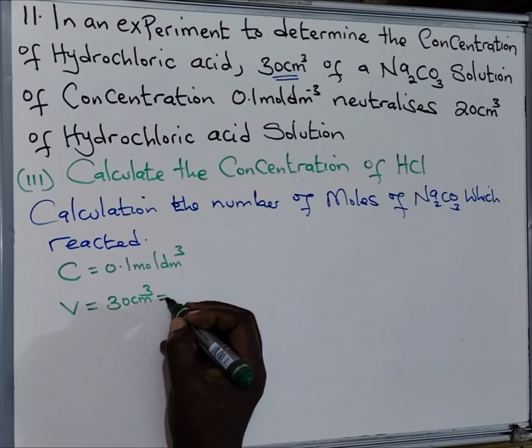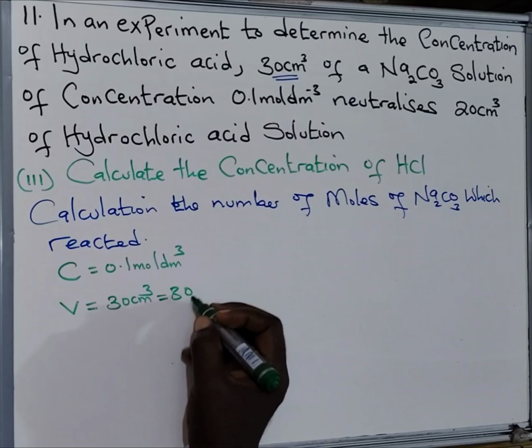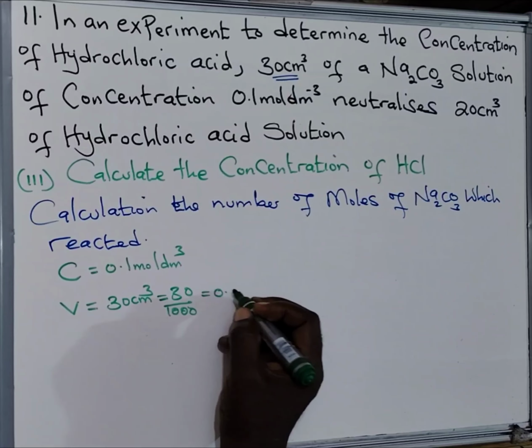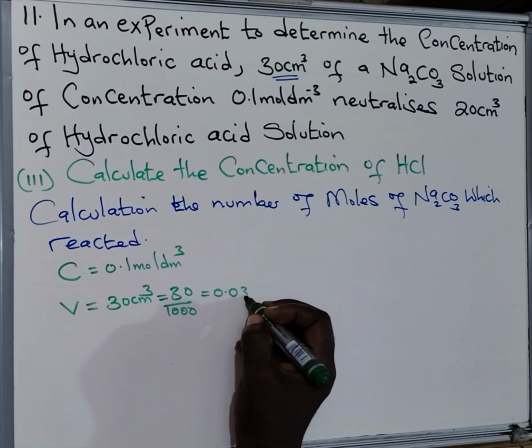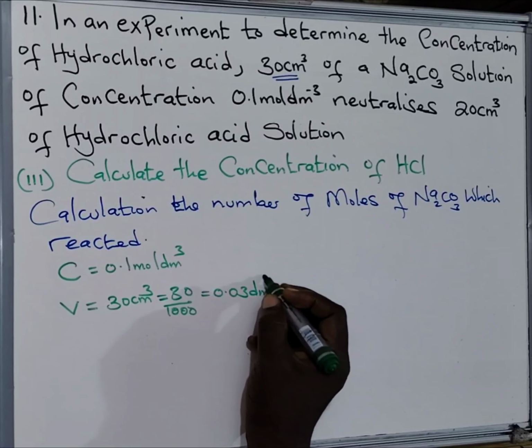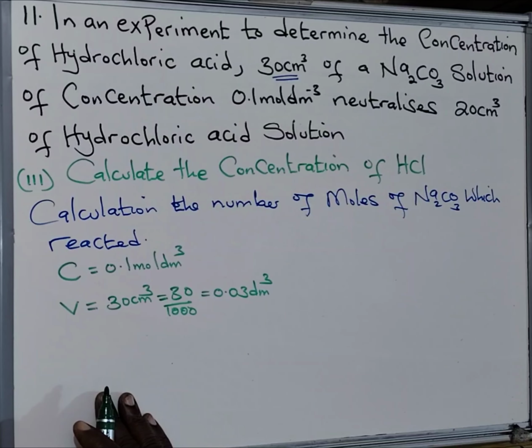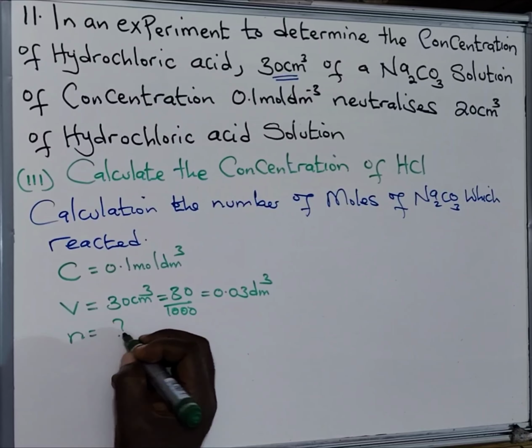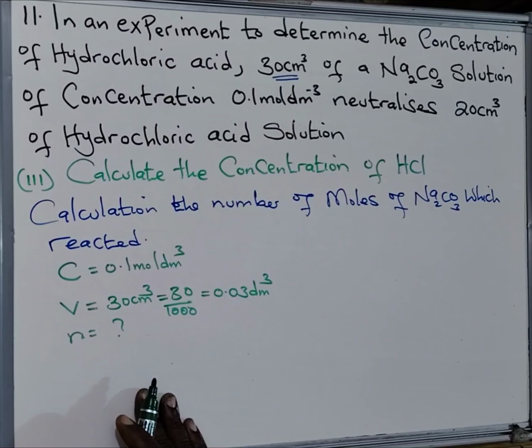You convert it to cubic decimeter by dividing by 1000, giving you 0.03 cubic decimeter. And we are looking for N, the number of moles of sodium carbonate which reacted.